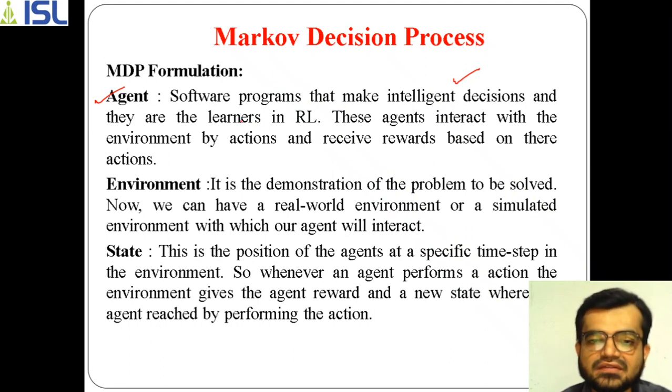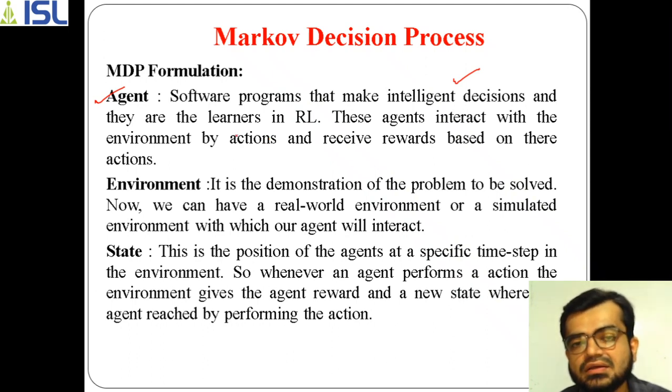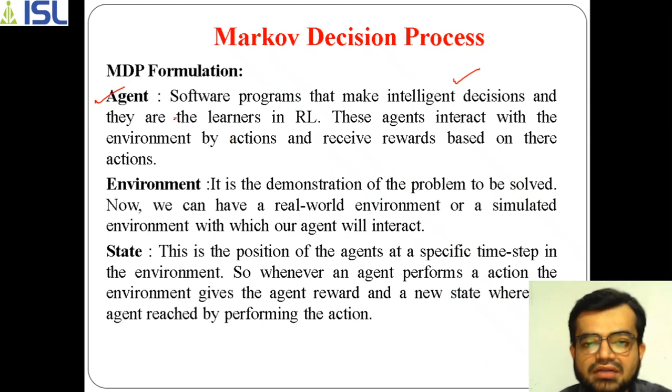The agent itself, because based on the reward system the agent will try to rectify, and it will learn from the previous feedback, from the rewards achieved in the previous states. Based on that it tries to learn and optimize.